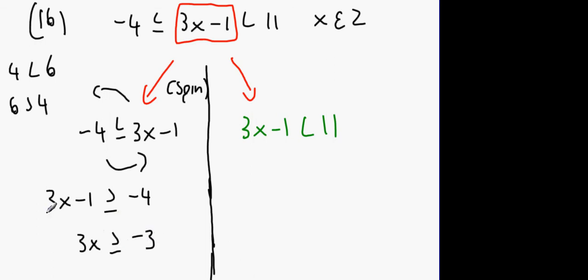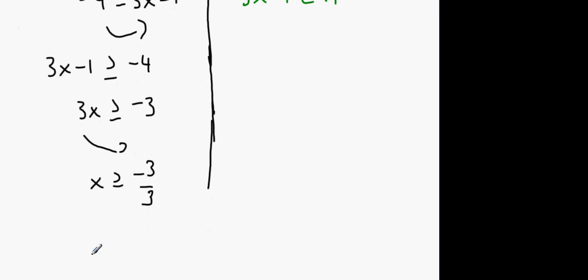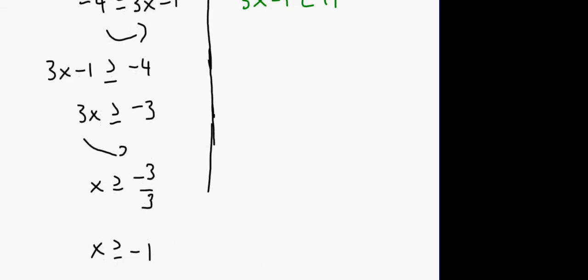And now all of a sudden you're dividing across by 3. And because you're dividing across by a positive number, you don't have to worry about flipping the sign. So x is greater than minus 3 over 3. And then you'll have x is greater than or equal to minus 1. Okay, so that's another way of doing it. It's roughly the same length, but avoids the minus part.